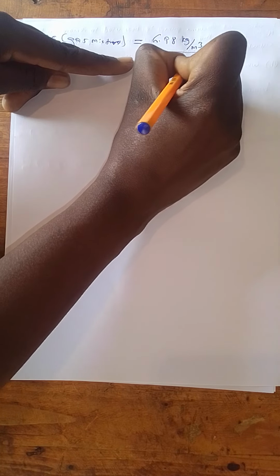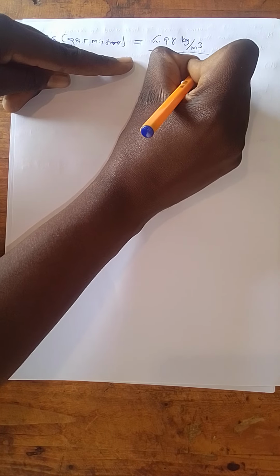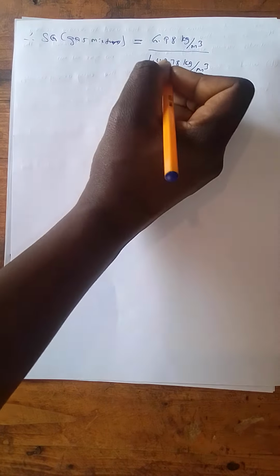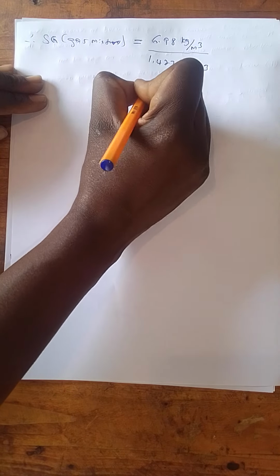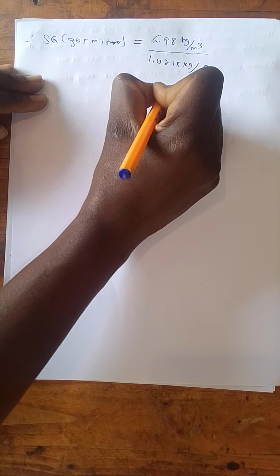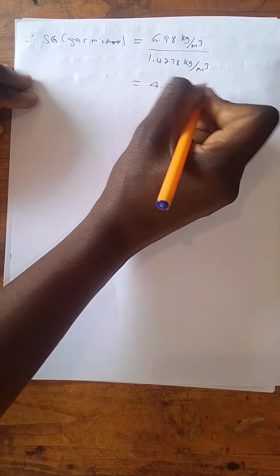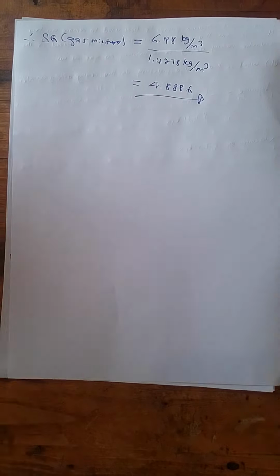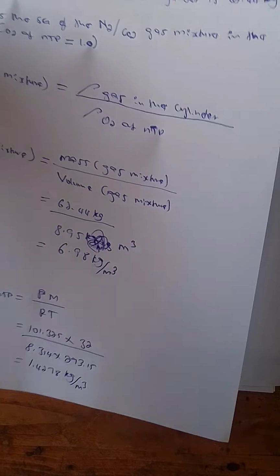If you use your calculator, it gives you 4.8886. So basically, this is the SG of the gas mixture at these conditions.